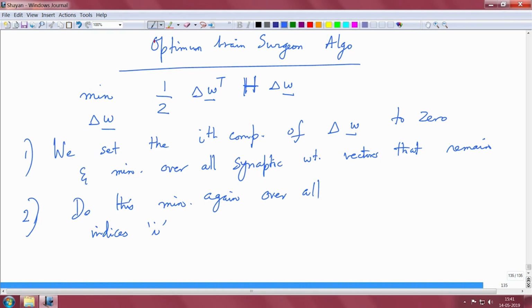So, I set one of the components to 0 and then optimize over the rest, and then I do this over all the other components. In that way I figure out what is the right component, what is the right index I and what is the right synaptic weight vector that remains after that, right. This is one of the algorithms based upon the Hessian to update the differential of this weight vector that can be useful for our update in the backpropagation algorithm for the delta rule based upon the Hessian.